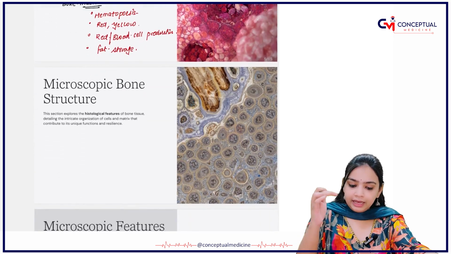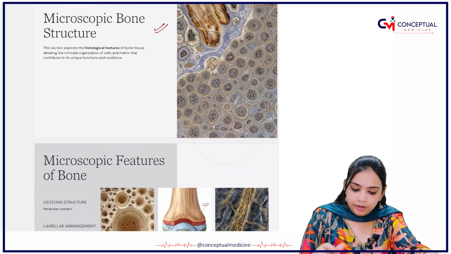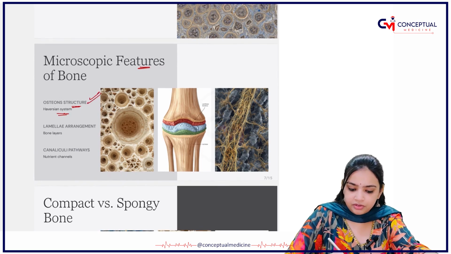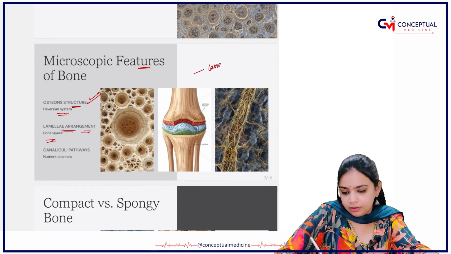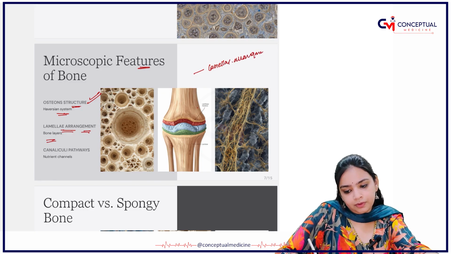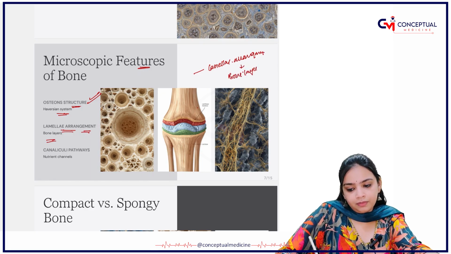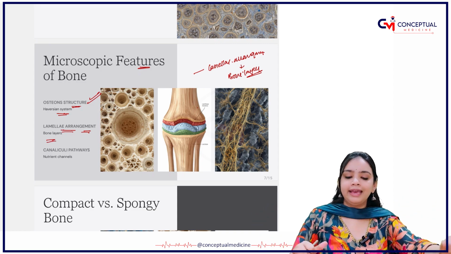Next, you need to see the microscopic bone structures, right? What are the features you have? You have the osteon structure, that is known as your Haversian systems. Then you have the lamellar arrangement, that is your bone layers, like how layer by layer your bone is getting aggregated.